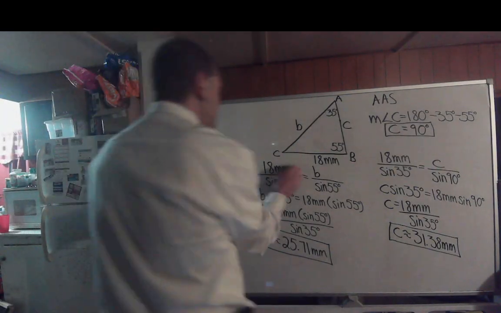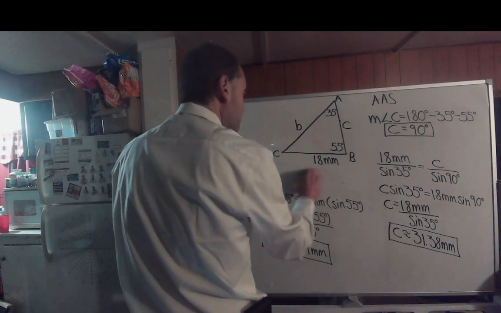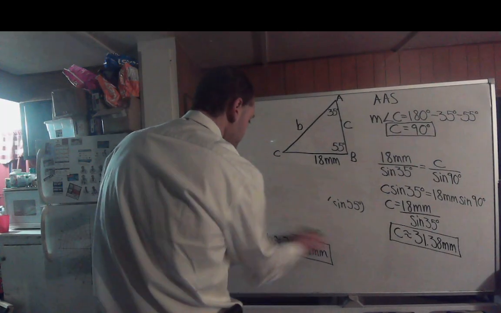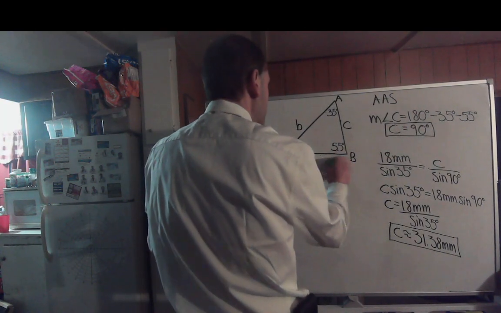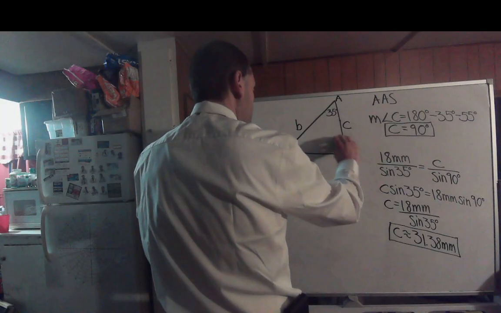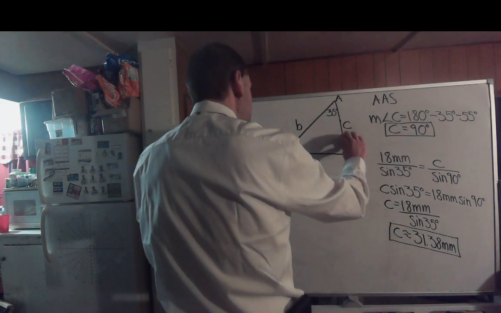Alright, now I would like to do 2 angle side angle triangles. And then after that, we'll get into the side-side angle, which can get a little crazy at times.